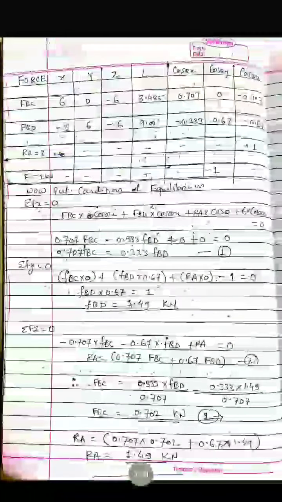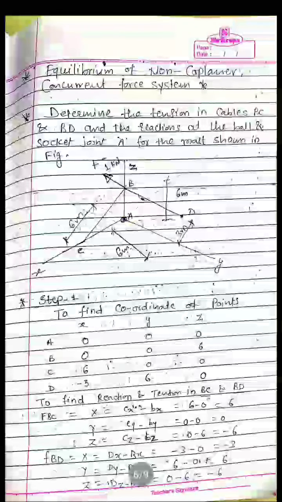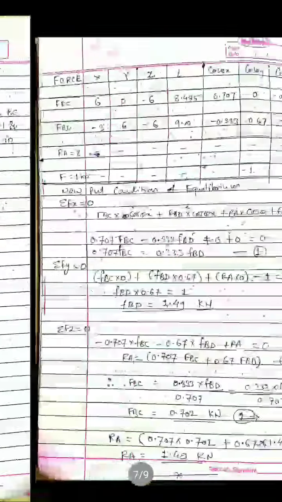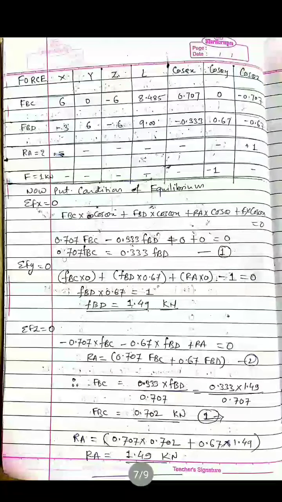F acts towards the negative z-axis, that's why we will have cos theta minus 1 and the remaining 2 are 0.